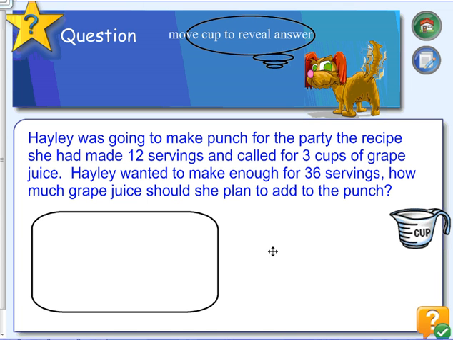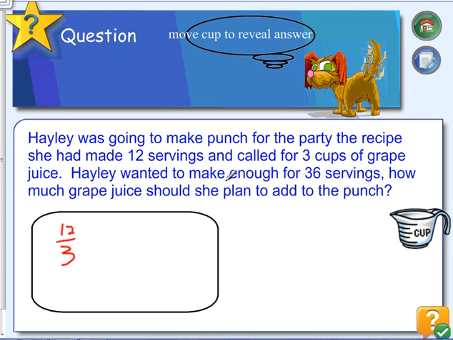How much grape juice should she plan to add to the punch? So we can take this information and set up a couple ratios. We know that the ratio of servings to cups is 12 to 3.